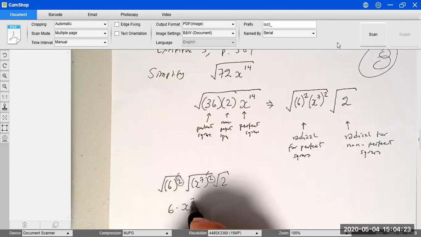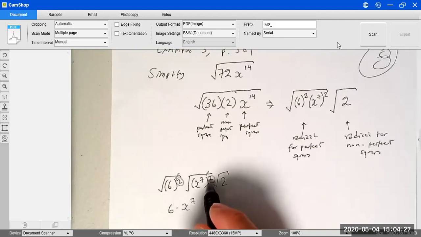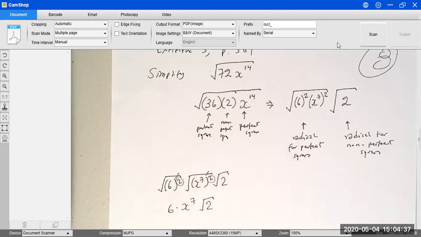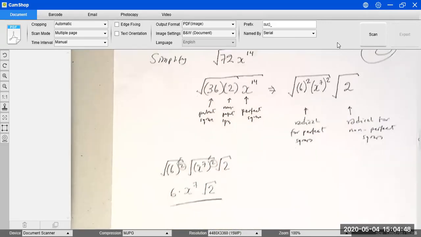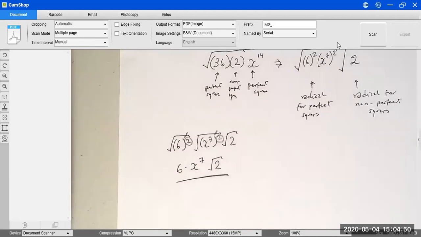That's what is inside of the parentheses, because the exponent was removed at the same time that we remove a sign, and then we have this radical sign that is untouchable because we cannot do anything else with that radical. So that is going to be the answer for this problem. 6 times x to the 7 square root of 2.